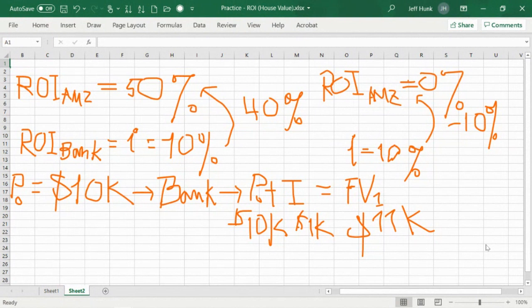But even in the bad case scenario, you still get 10% return on your money because you lent it to the bank, right? So the bank interest rate is a risk-free or riskless return on investment. Make sense? Everyone gets that?